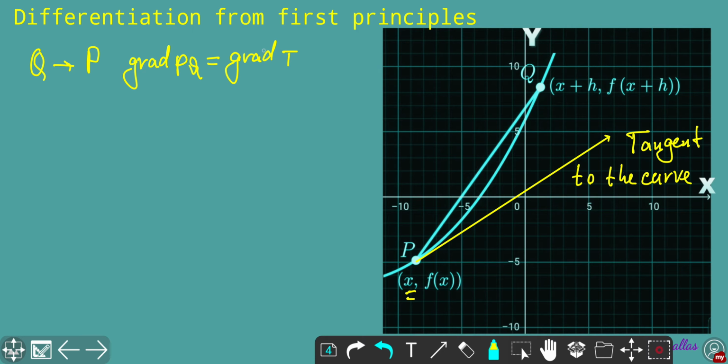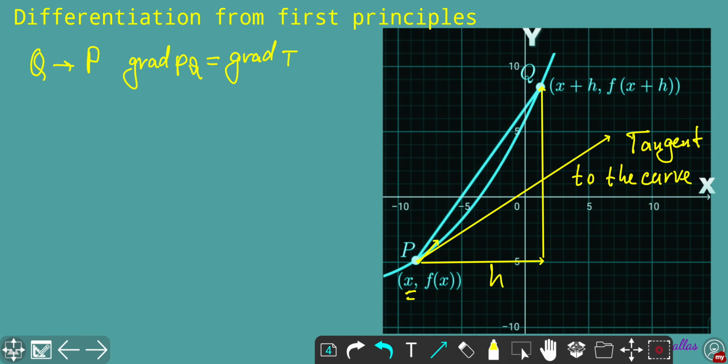And what it means that we move Q to the point P. In other words, we're trying to diminish the step h, as you remember. So one more time, we had a horizontal step h here, and that means by moving point Q right to the point P, we try to diminish this step up to 0, right?